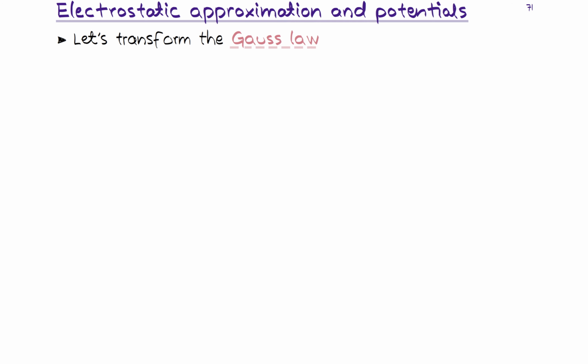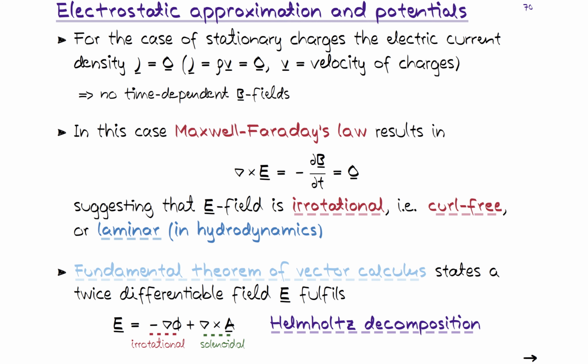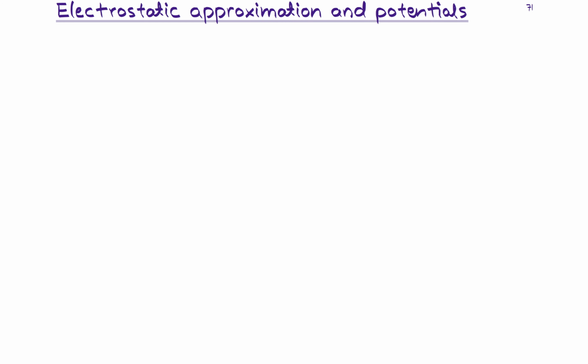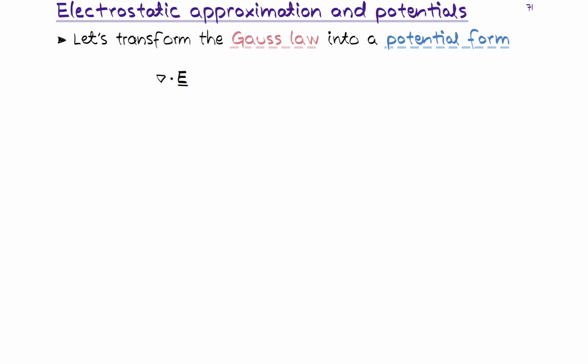So basically what we are using here is the Helmholtz decomposition. We are writing E using these two terms, and the second term vanishes. We do not need to worry about that. What's left is only the gradient of the scalar potential, with the divergence of that calculated, with a minus.